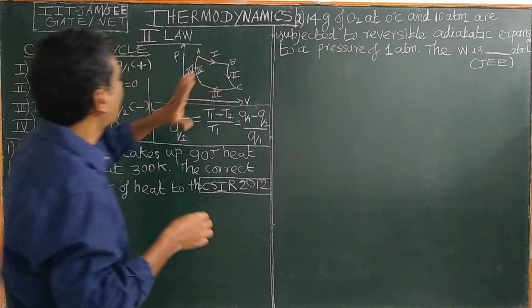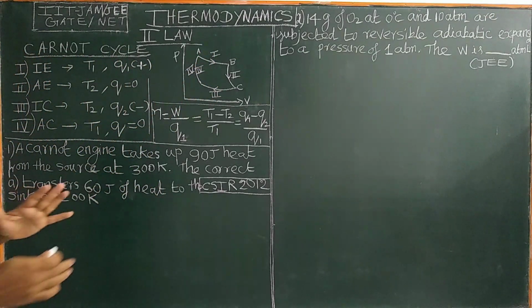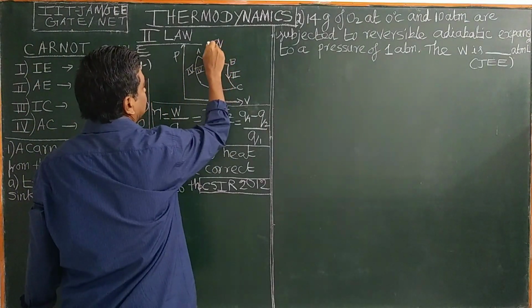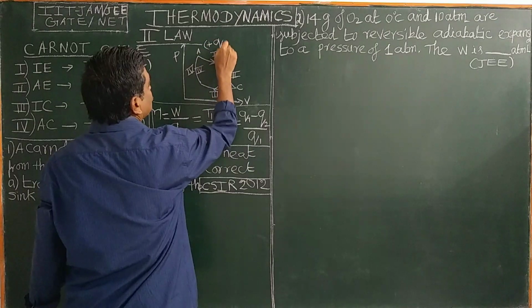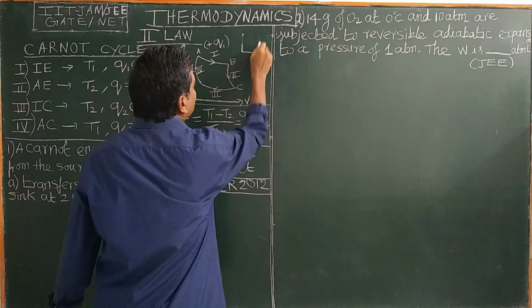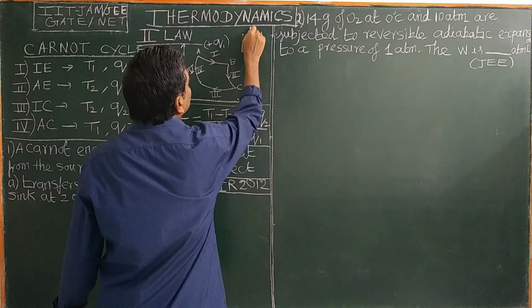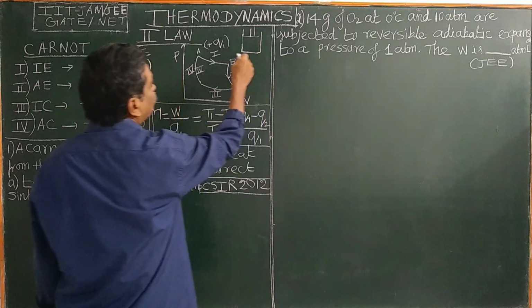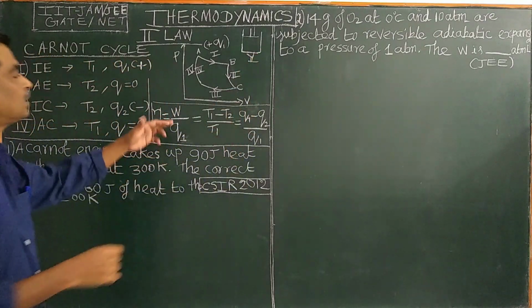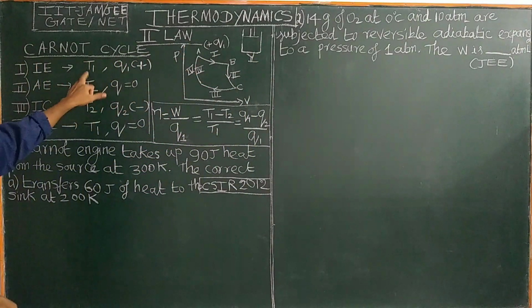Now let us see isothermal reversible expansion. In this, heat is supplied, that is Q1. If you remember from the first video, heat is supplied in isothermal expansion.